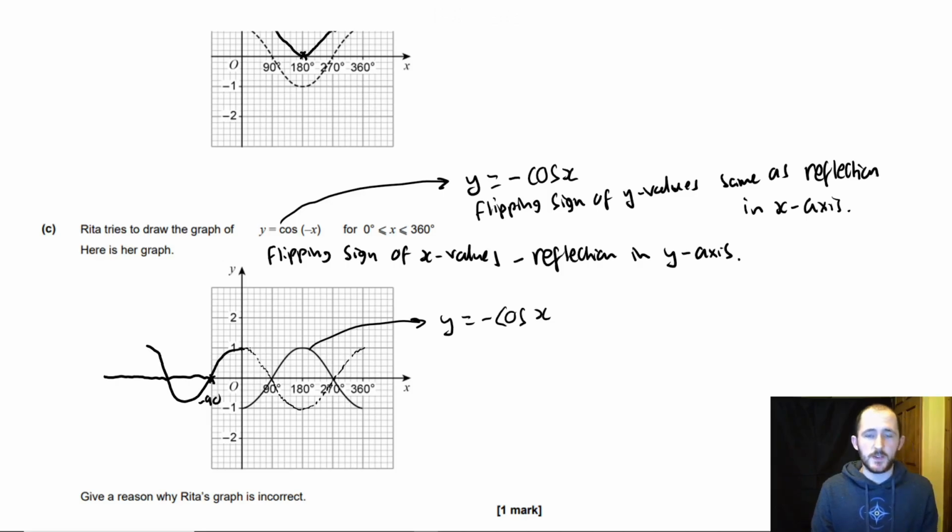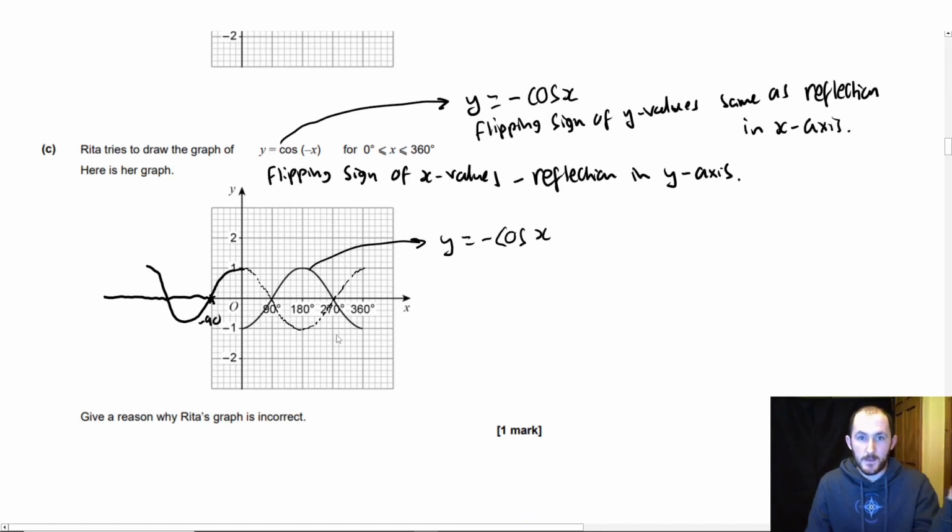Now, if you're really astute, you might notice that that actually wouldn't change the graph, because don't forget the cos graph is infinitely long. So it's already symmetrical. So if you reflect it, it doesn't do anything. Exactly, Lila. This cos of minus x would look the same, because the cos graph is symmetrical.